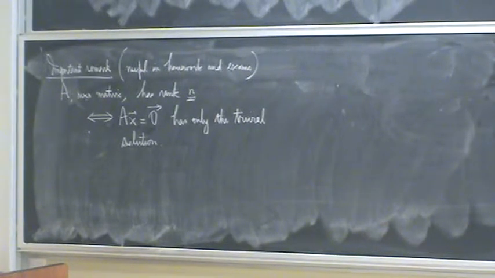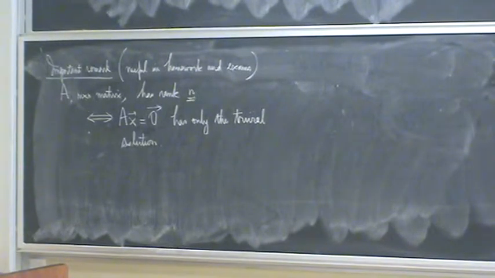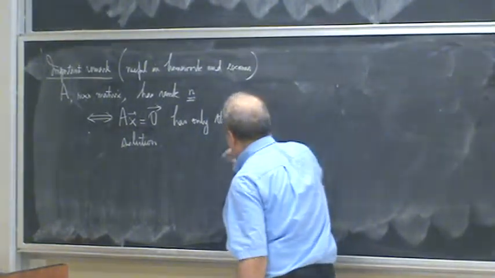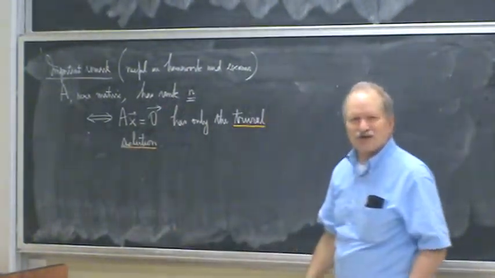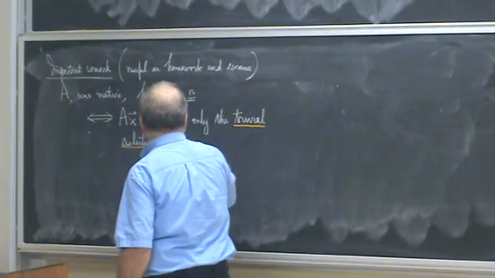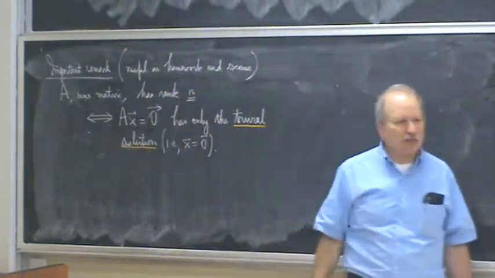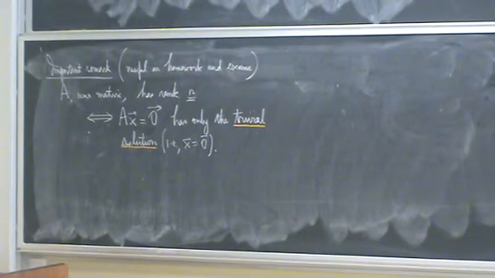You guys would never do that though, right? Oh, that's trivial. Not my friend. This is a technical term here. What do I mean when I say the trivial solution? So one way of testing whether an m by n matrix has rank n is to say, can I find a solution of AX equals 0 other than the trivial solution, other than the 0 solution? Having only the 0 solution is equivalent to saying no free variables, which is telling you rank n.